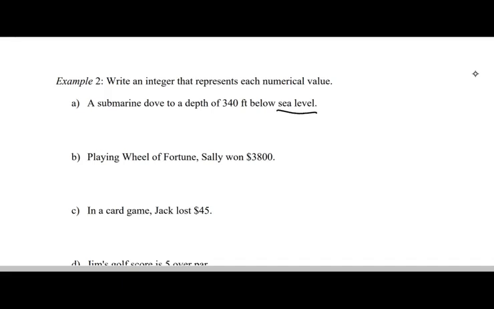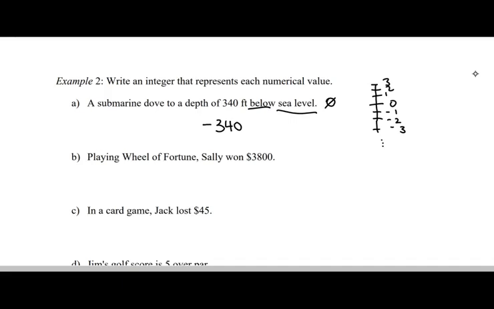Usually the sea level we consider as 0. So if we are talking about below sea level, that means -340. On our number line, which would be vertical, you have a 0. Positive numbers will go up, 1, 2, 3. Negative numbers will go below, -1, -2, and -3, and so forth.